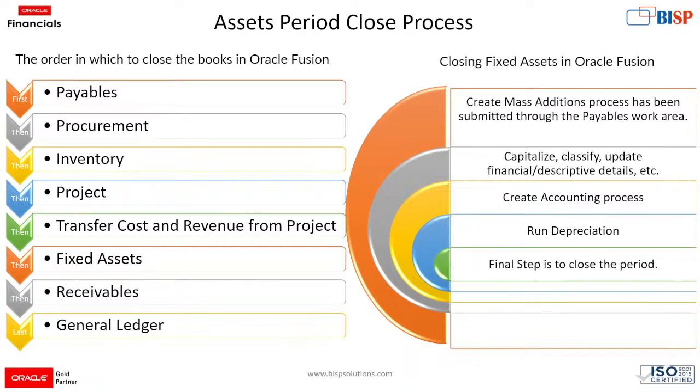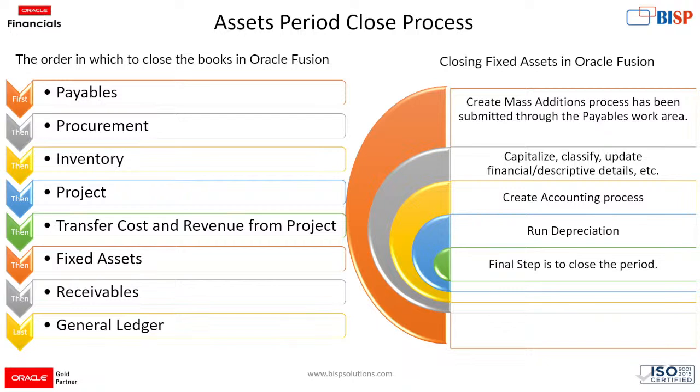This can be beneficial or detrimental depending on how well your team manages to track assets each month. To ensure that the module is closed correctly, there are a few steps to follow. Ensure that the Create Mass Additions process has been submitted through the Payables work area.